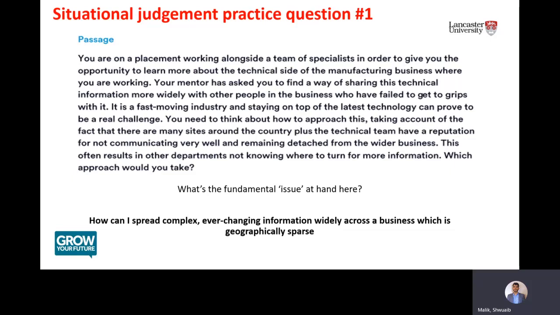So this is the fundamental issue at hand. It's not an easy task. It's not easy to spread this information effectively to different departments around the country, especially when the information is complex and changing constantly.